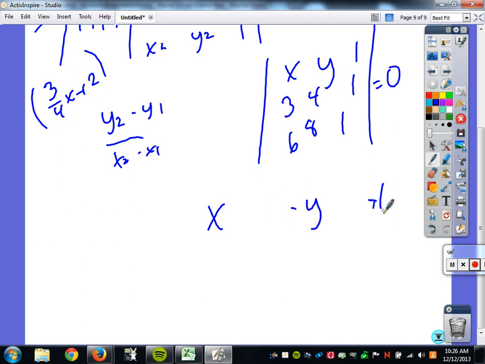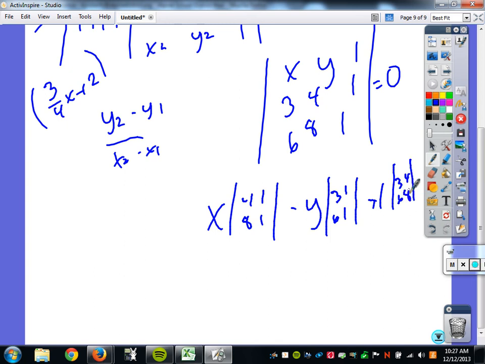Positive. Does everybody see that? Because of the sign chart. And notice if I get rid of the x, what's left over? 4, 1, 8, 1. With the y, what's left over? 3, 1, 6, 1. If I get rid of the 1, what's left over? 3, 4, 6, 8. Does anybody have any questions on how I got those using my minors and cofactors?